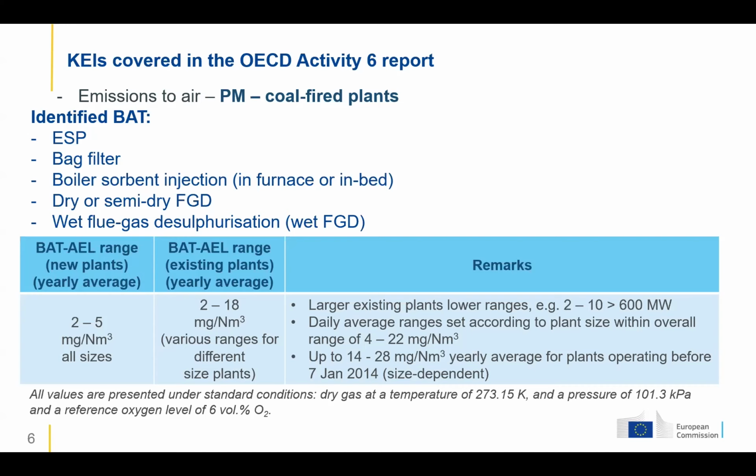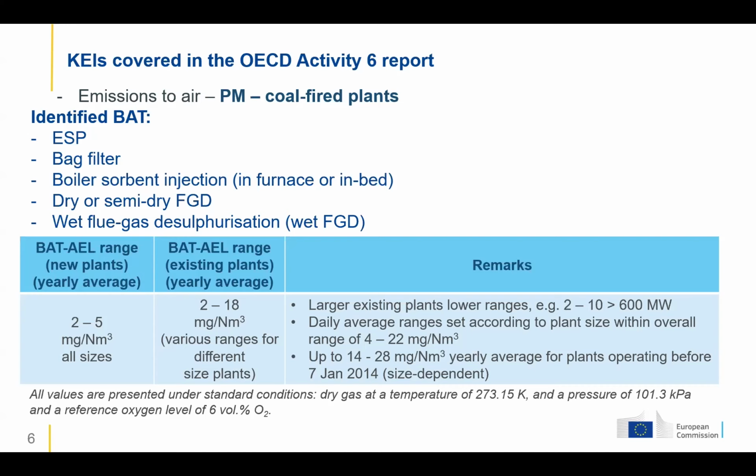So you can see on the left-hand side, in the first column, for the new plants, the set BAT-AEL range is from 2 to 5 milligrams per normal cubic meter, expressed as yearly averages, while for existing plants, there are various ranges with an overall range between 2 and 18, and these various ranges are for different size plants.